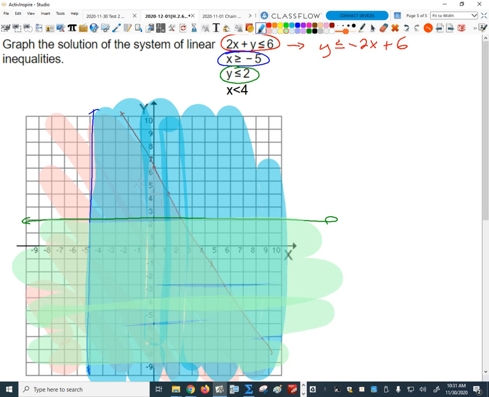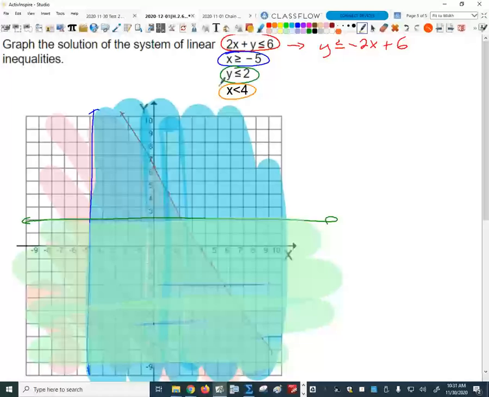And then finally, what's this going to be? Well, orange, I guess. So X is less than 4. We already did an X. So that's going to be a vertical line at 4, but it's going to be dashed this time, isn't it?